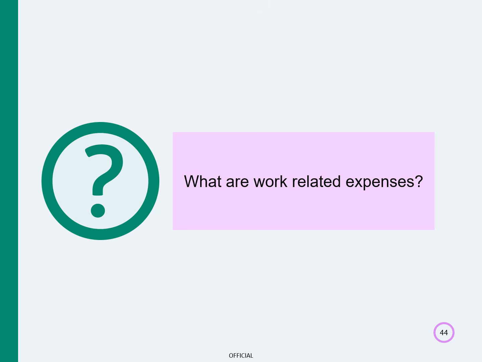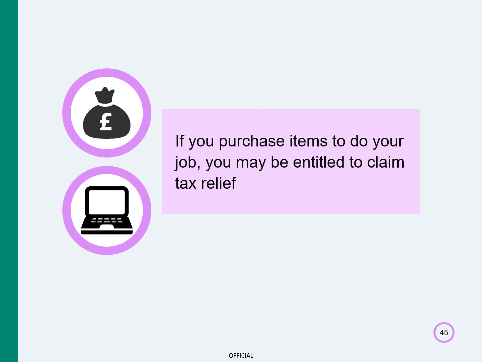Before we look at filling in the employment expenses page, I'll just give you an overview of what we mean by work-related expenses. If you use your own money for things you must buy to do your job and only use these things for your work, you may be able to claim tax relief, providing the expense is not refunded by your employer.